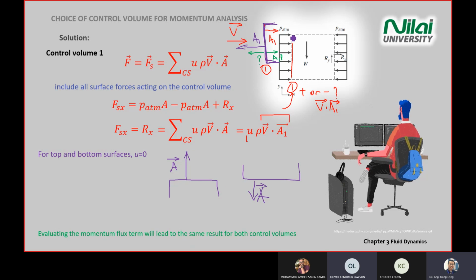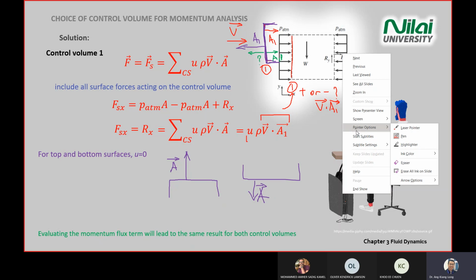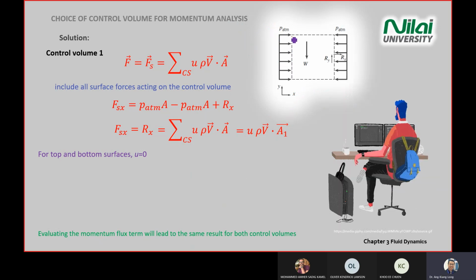So if you look at this diagram, I remove all my marking here. If I remove all my marking, you look at this area. This is the opening. So the area is pointing here. Understand or not, Oliver and Ku?